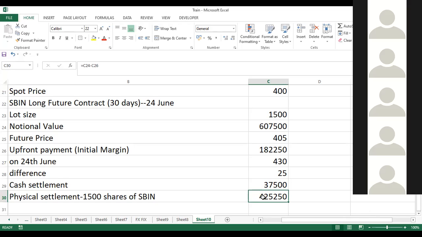I'm purely taking the notional value into account, but you will also have to take into account the brokerage which the broker is charging. So assume there would be additional money. Close to 4,26,000 is what you need to keep in order to take the physical delivery of 1,500 shares in your trading account, or rather your demat account.